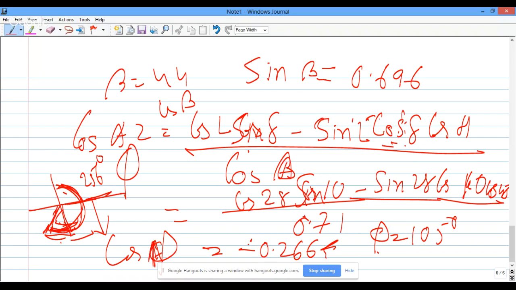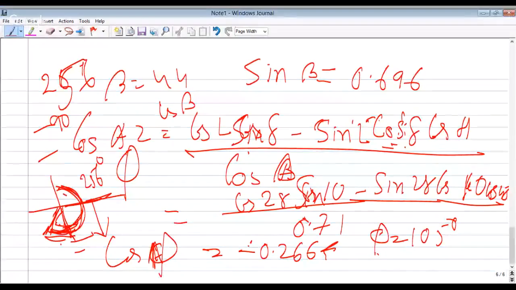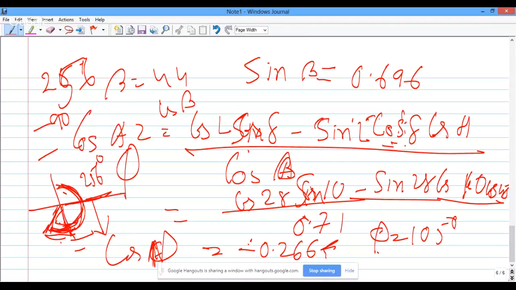Now if it is 256 and the wall is facing east, let us say, then 256 minus 90 would be the wall solar azimuth. Or if it is facing south, then it will be 256 minus 180. That will be the wall solar azimuth. So this is how we find out wall solar azimuth.